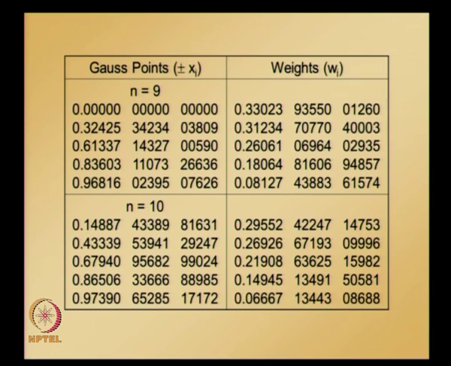And if you require more points and the corresponding weights and coordinates, you can refer to any of the commercial software like MATLAB or Mathematica, and some of these directly give the corresponding coordinates and weights for any number of points.